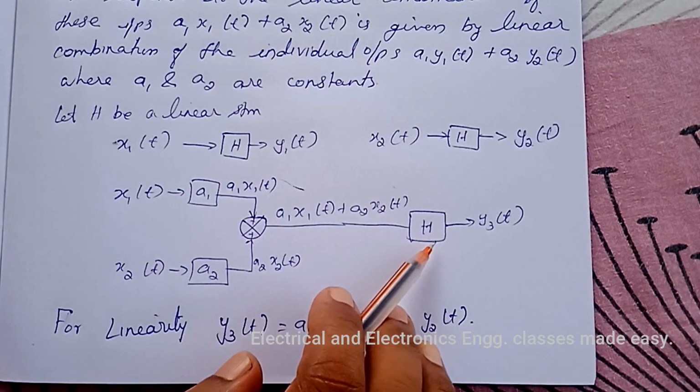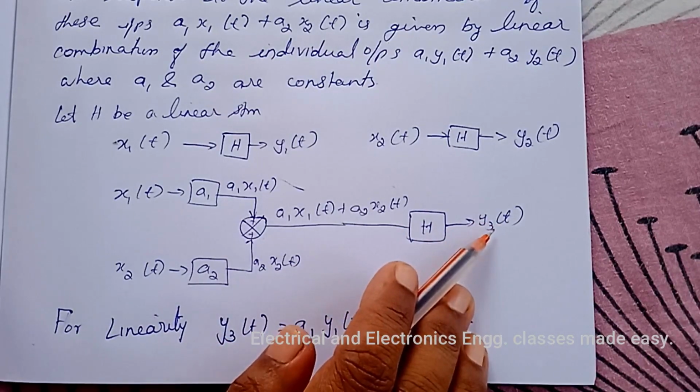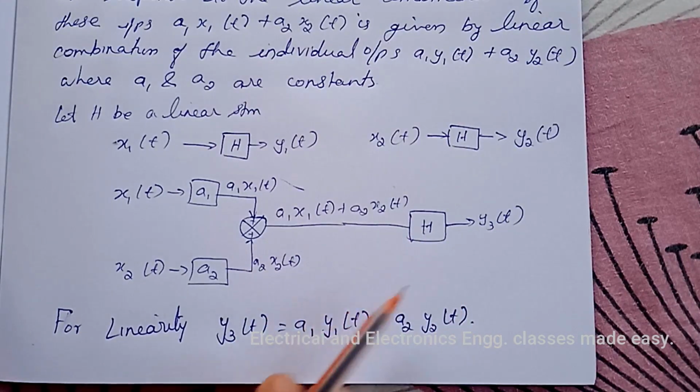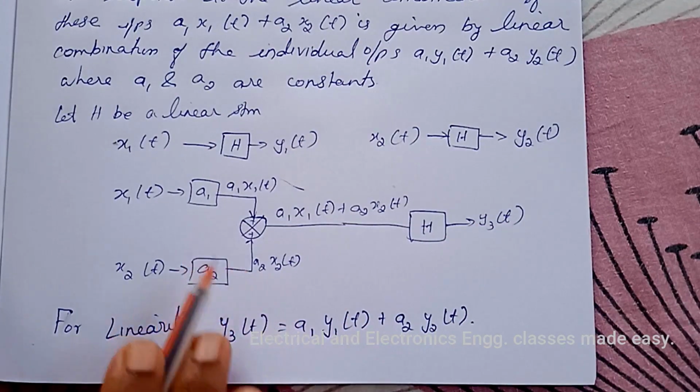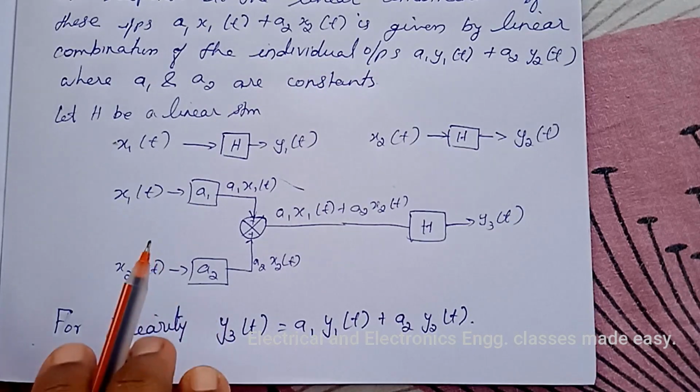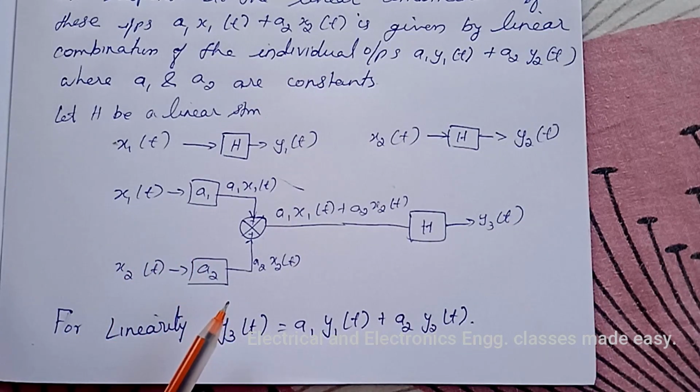Then this is the output y3 of t, and for linearity y3 of t should be equal to a1 y1 of t plus a2 y2 of t. This is the superposition principle for linearity. And a mathematical model will be linear if the differential equations describing the system have constant coefficients.